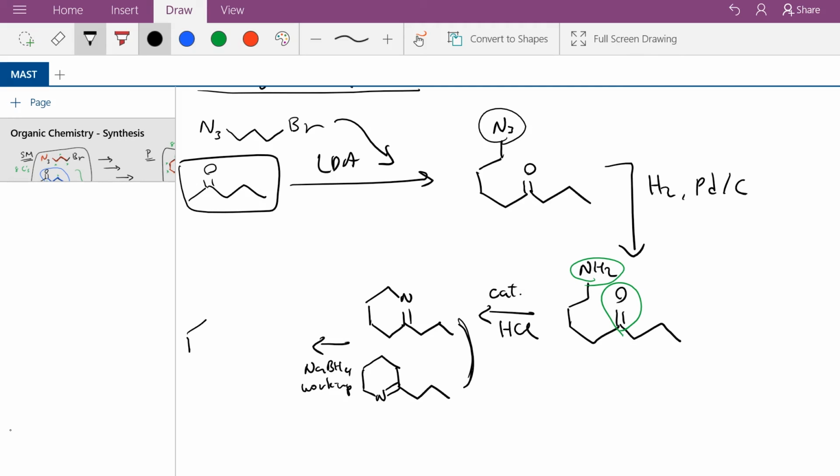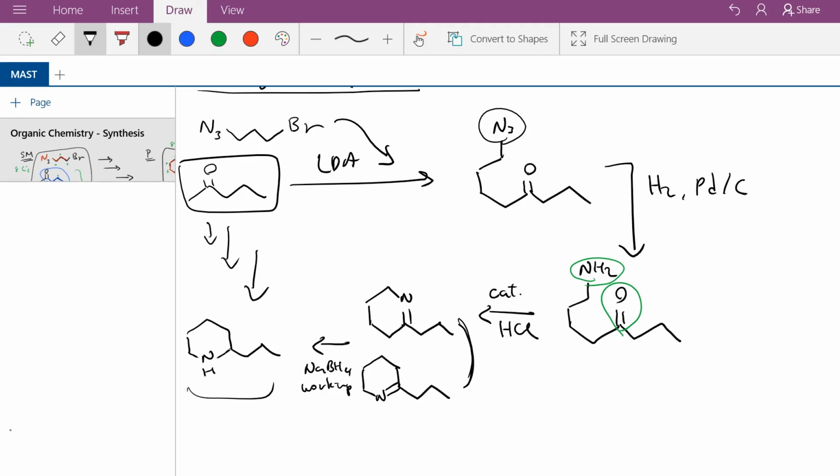And we get our target product. So, boom. We get our full synthesis from our starting materials to chains to our final product, which is a ring.